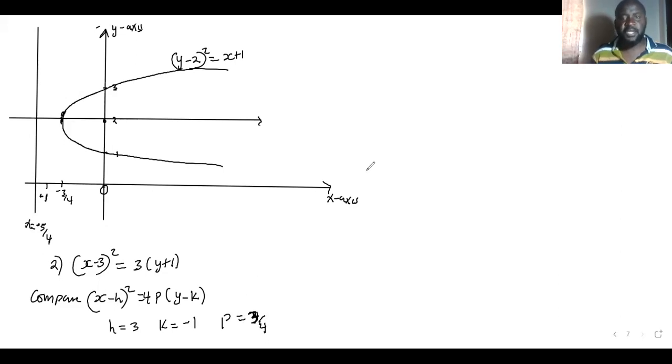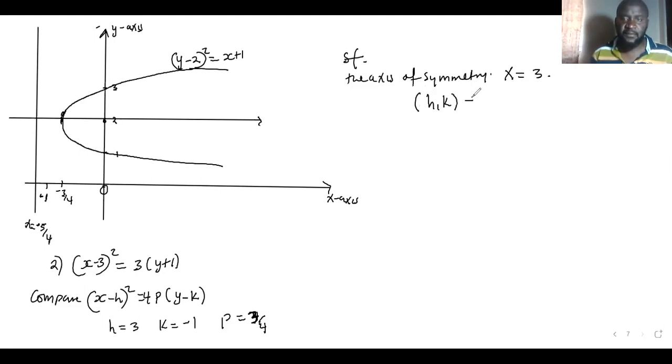Okay, so to get the focus, remember, you first need the axis of symmetry. In this case, this is a vertical parabola. Because it is vertical, the axis of symmetry should be a vertical line at x is 3, because it is occurring at h, k.